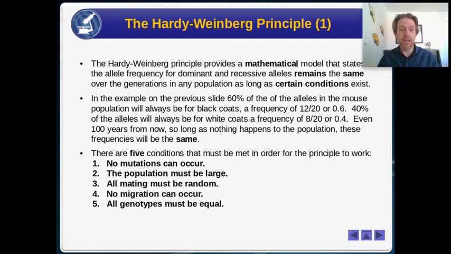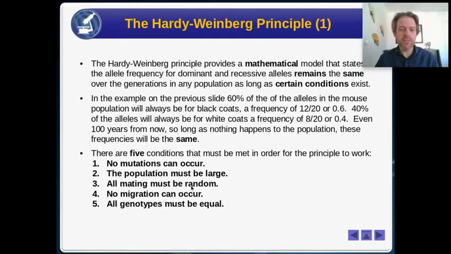Okay, the mating must be random. The population must be large, in the thousands, not in the hundreds. Okay, then we've got this idea of you don't want any migration or bringing in of new alleles, in and out of this population. So you're sort of saying a stable population, and it says no mutations must occur. So random mutations to these alleles that would affect them, or bring in a third allele, that sort of thing.